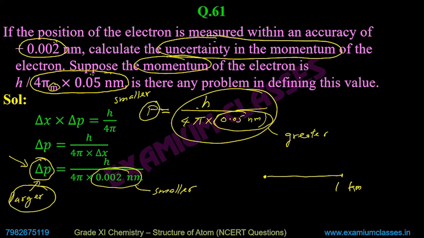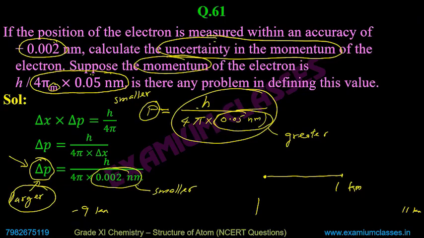Does that make any sense? If I say I am at 1 kilometer and uncertainty is 10 kilometers, it means I can be at -9 kilometers, that is on the left side, or at 11 kilometers from the starting point. It doesn't make any sense if uncertainty is greater than my actual value.